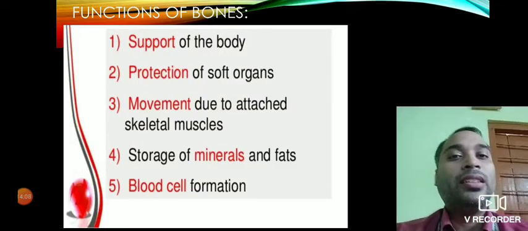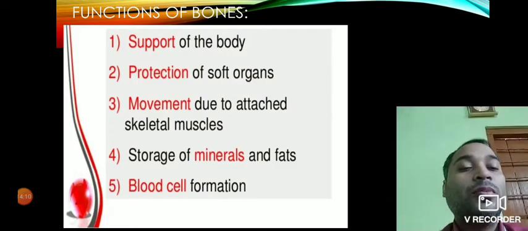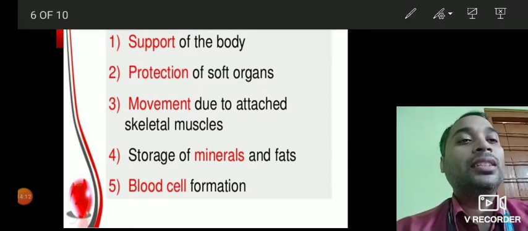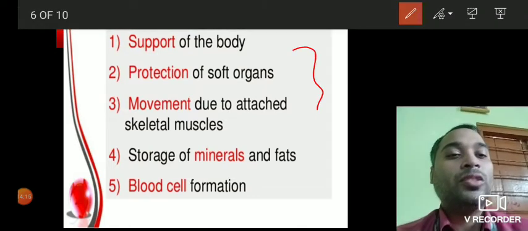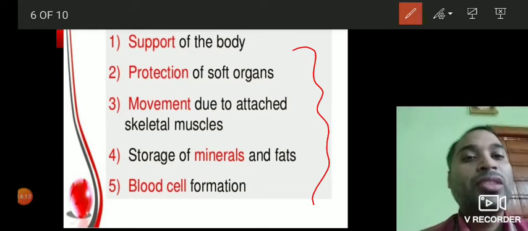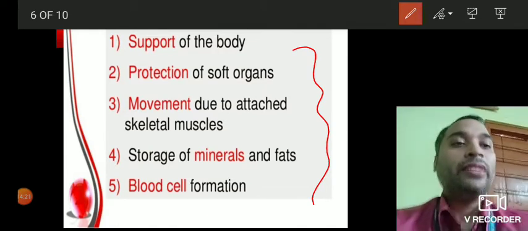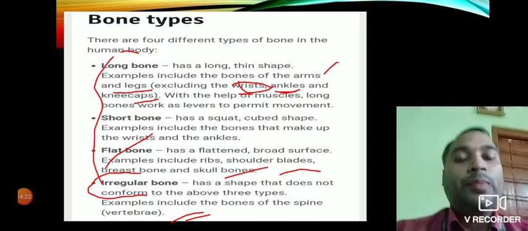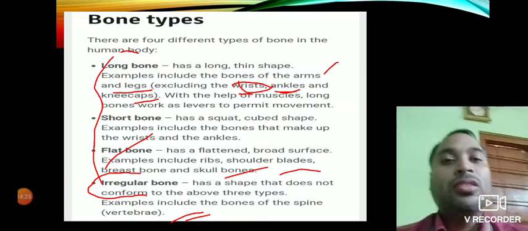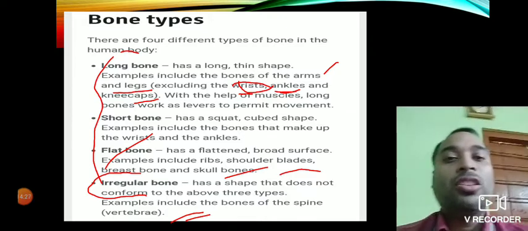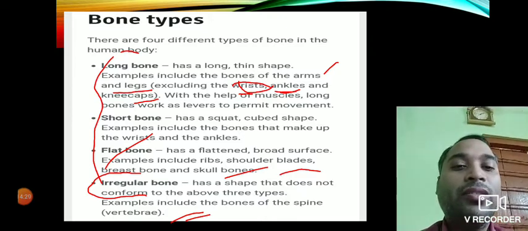Then these are the important functions of bones, similar to those of the skeletal system. So also underline these important points regarding the function of bones. Then we have types. There are mainly four types: long, short, flat, and irregular.